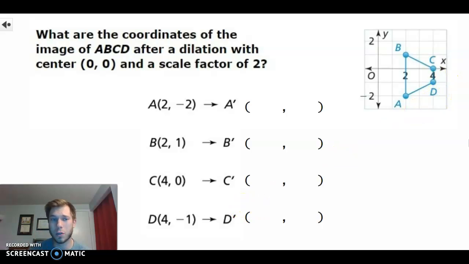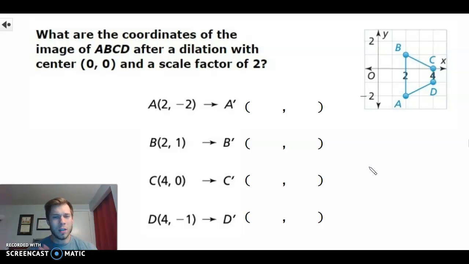Notice that the original figure A, B, C, D, which is a trapezoid, is here, and the original ordered pairs are here as well, and you need to figure out what the ordered pairs of the image are going to be. Go ahead and take a moment and see if you can figure this out for yourself.